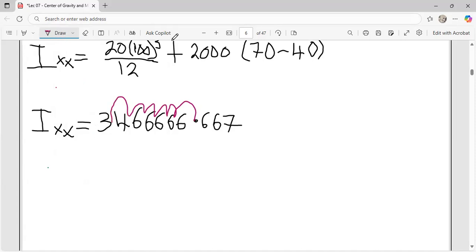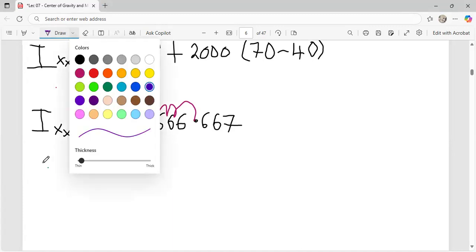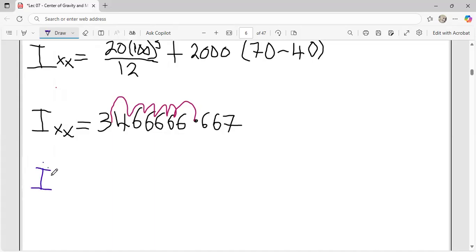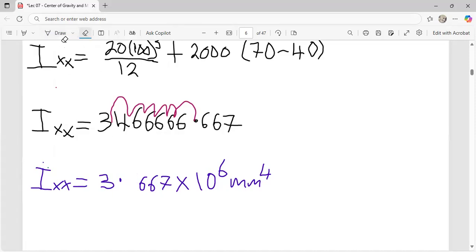So when we're writing our final answer, our moment of inertia of part 2 at xx is going to be equal to what? 3 point, let's just maintain 4 decimal places, 4, 6, 6, 7, times 10 exponent 6, exponent 4. As simple as that.